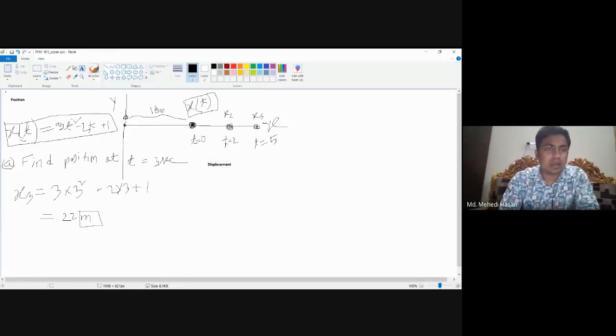And here we are using a one-dimensional coordinate system. If we consider two-dimensional, then the position will be at a certain point like that. In that case, we have to write down the position function as x(t) and also y(t), because the equation is two-dimensional, so it will be changing in the direction of x and also in the direction of y.